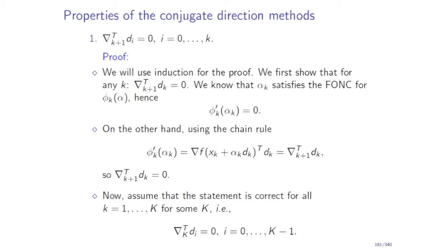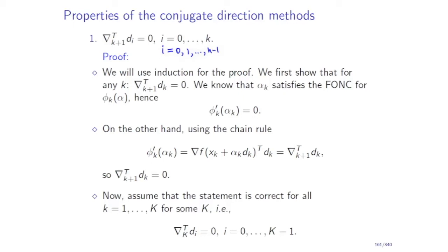Now, what happens if we perform n steps of the conjugate direction method? In this case, we perform the steps for i equal to 0, where we use the direction d0, then 1, and so on, up to n minus 1. Okay, so this corresponds to n steps of the conjugate direction method.